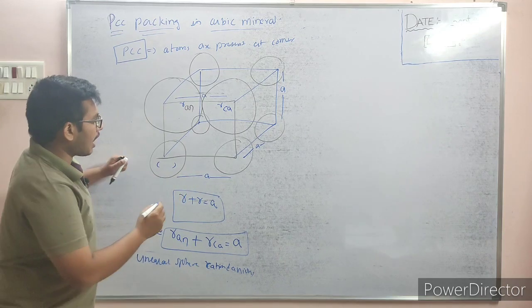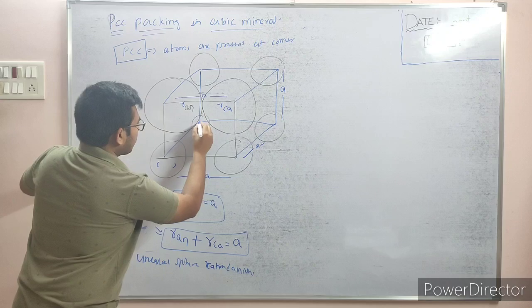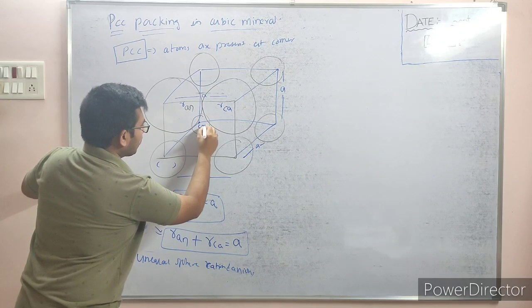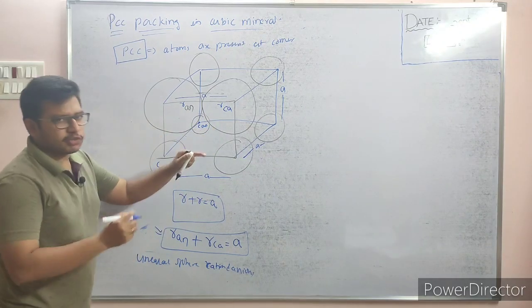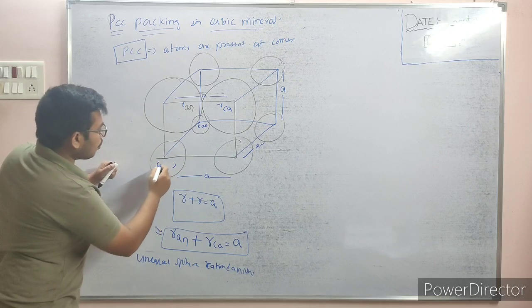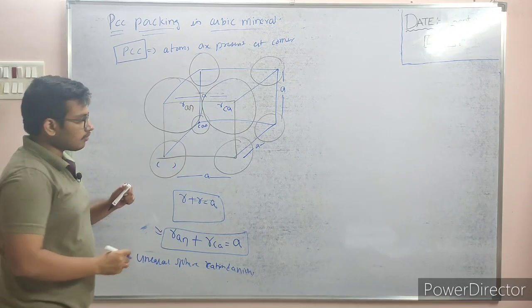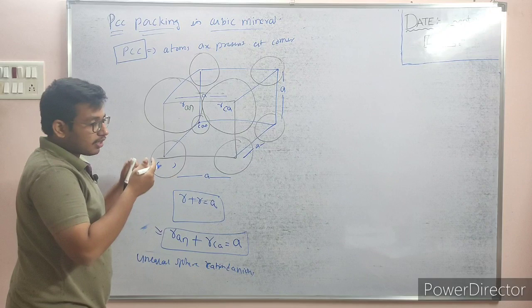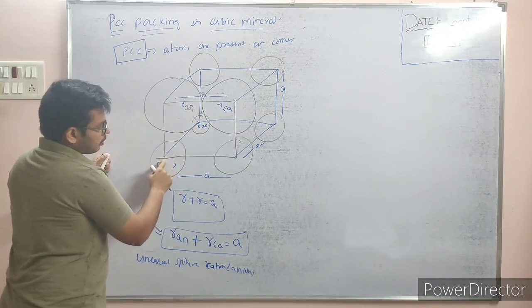ठीक है, for suppose I am saying that you will understand this is the origin, right. What will be the simplest way, very simplest way to come to this position? What are the ways, actually what are the ways that this atom comes to this position?